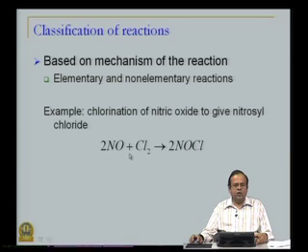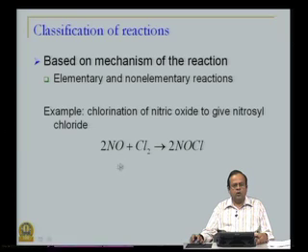But for an elementary reaction, for example, in this example, the molecularity of the reaction is 2 plus 1, 2 from nitric oxide, 1 from chlorine, so 3. So, this is an example of a termolecular reaction. Similarly, there are several examples of unimolecular reactions, bimolecular reactions, that is molecularity 1 unimolecular, molecularity 2 bimolecular, molecularity 3 termolecular.